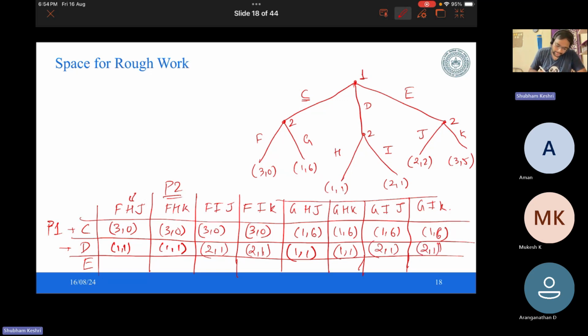All right. In this game where player 1 is playing E and player 2 is playing J, wherever J will come, we'll have 2 comma 2. So I'll just write 2 comma 2, 2 comma 2, 2 comma 2 and 2 comma 2. And for K, we'll write 3 comma 5. So this is 3 comma 5, 3 comma 5, 3 comma 5 and 3 comma 5.